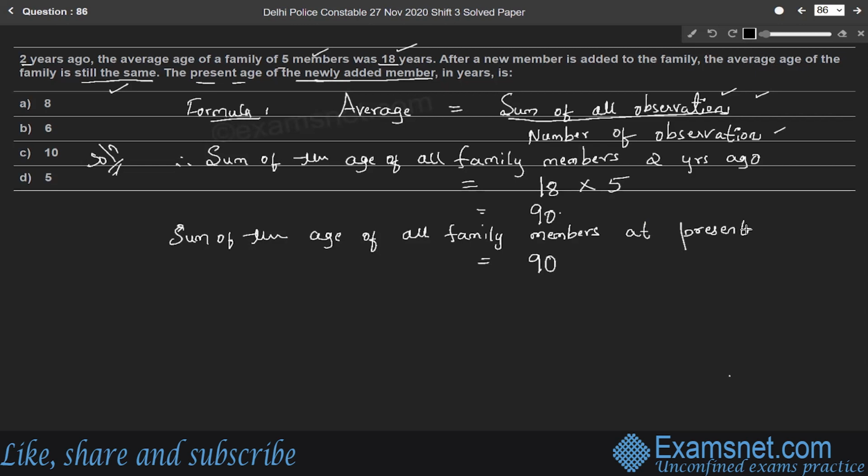Sum of the age was 90. Plus, in these 2 years, every person's age is plus 2 years, right? So it is 2 into number of members, right? Which is 100. 90 plus 10, which is 100, right? So let the age of the new member be X.